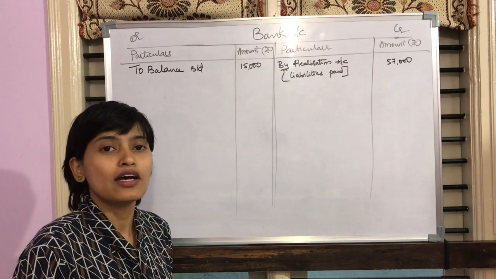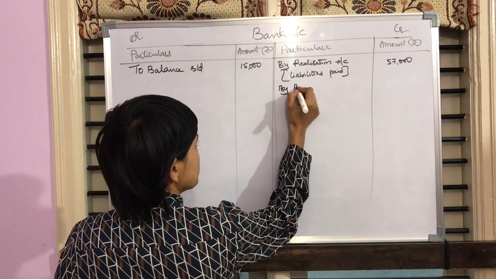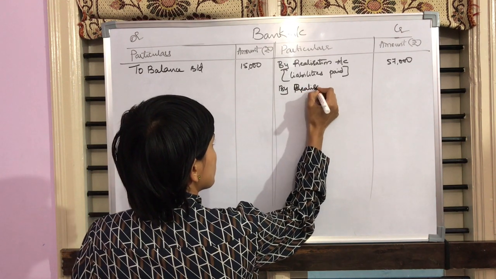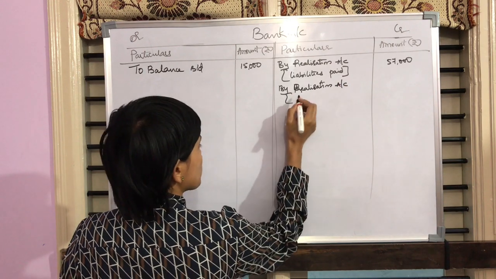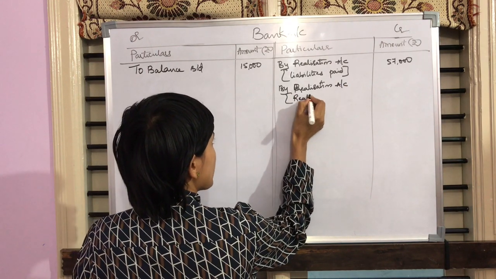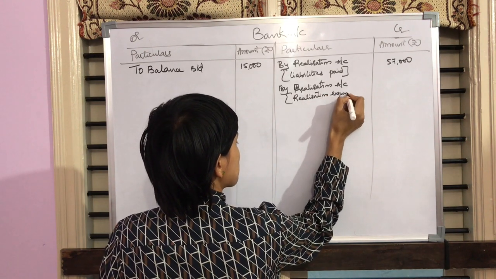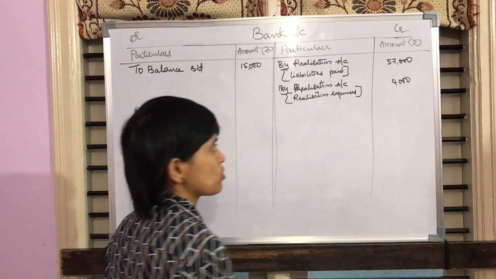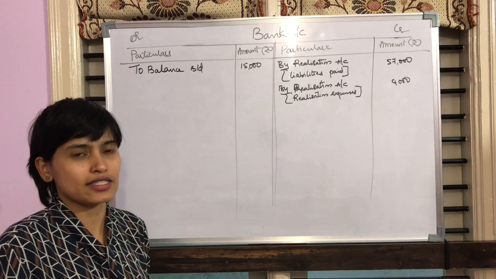Then we have realization expenses which is posted in bank account. So write it as realization account, nothing but the realization expenses amount rupees 4,000. So that's it with the debit side of realization account.